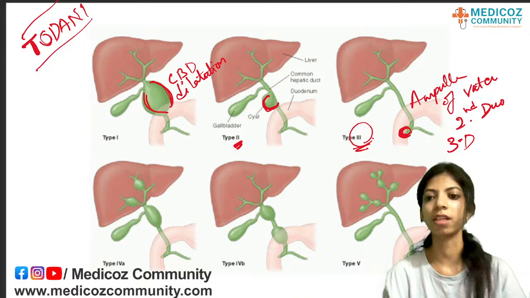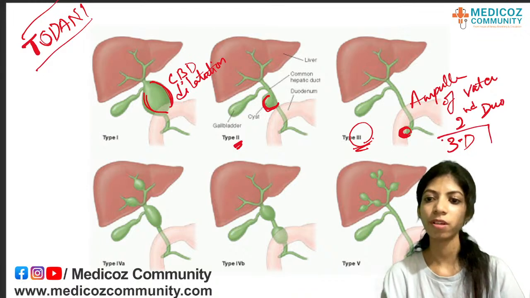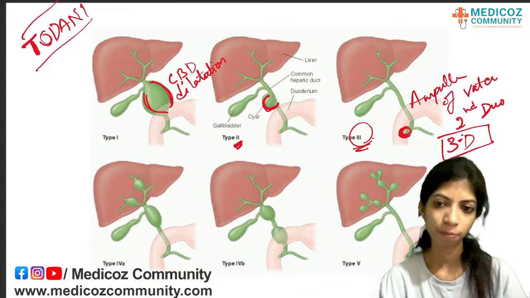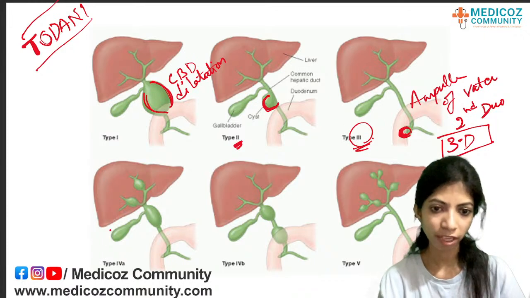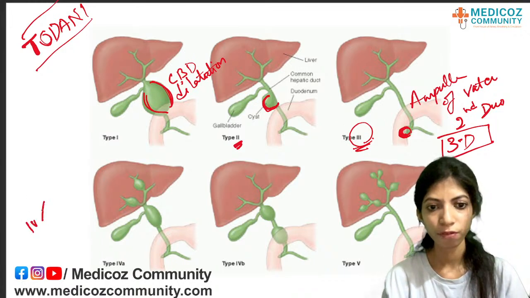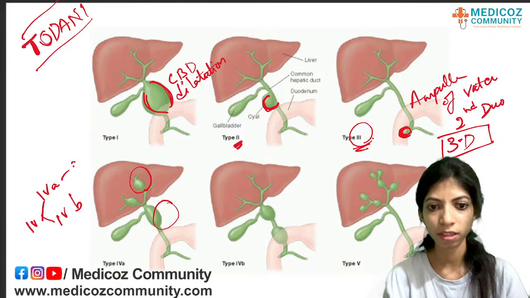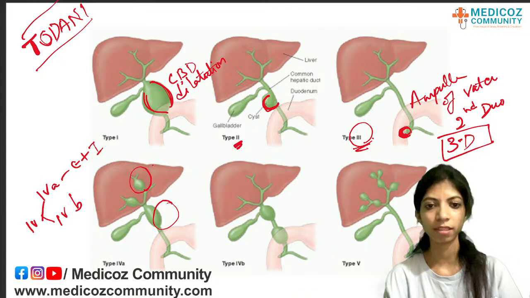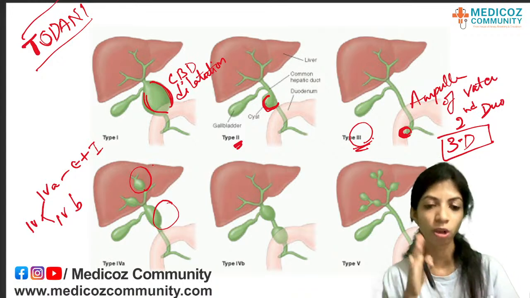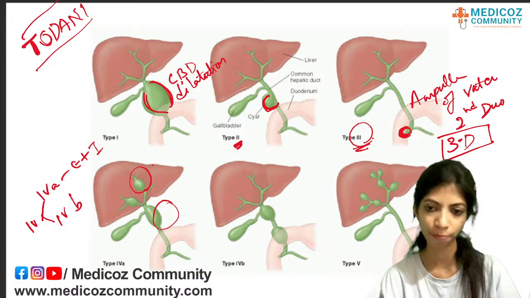You remember it as 3D. Type 3 is for intraduodenal dilatation. And what is your type 4? Type 4 you have 4A and 4B. So your 4A is for both intra and extra. Extrahepatic dilatation is present, and also within the liver it's dilated. So extrahepatic dilatation and also your intrahepatic dilatation.